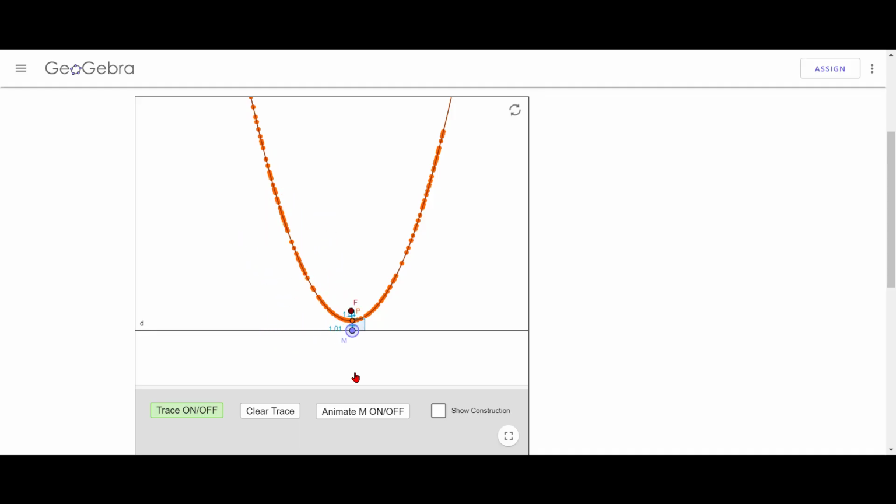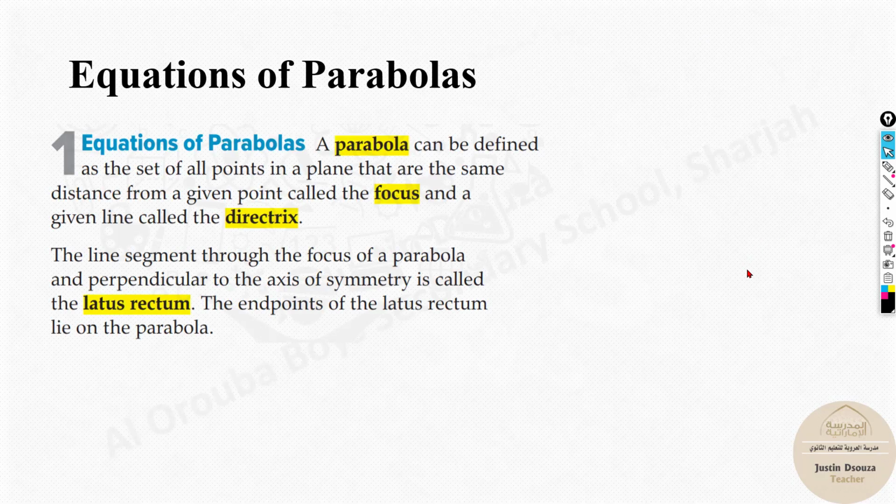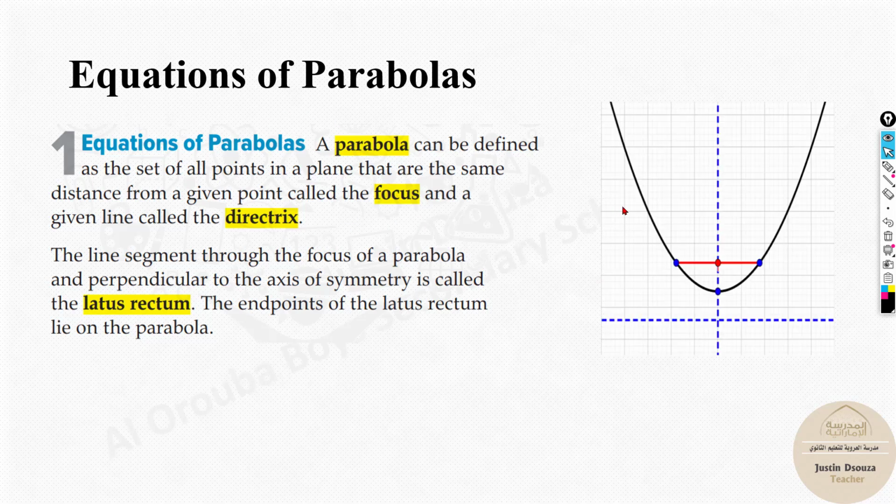It's the same distance. Can you observe that? It'll be the same distance everywhere. As we're moving on, if you look at the distance, it'll remain the same. That is how a parabola is formed. You can see as I move it on, there are points tracing it out, and that will be the parabola.